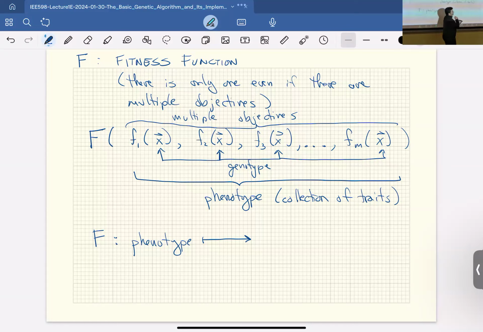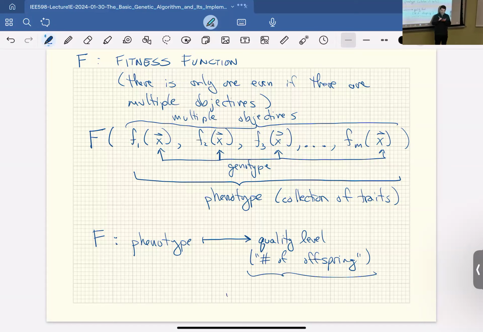I'll say it's a cardinal value, a quality level, which is like the number of offspring. And this allows us to sort solutions. So it lets us create a partial order on candidate solutions.